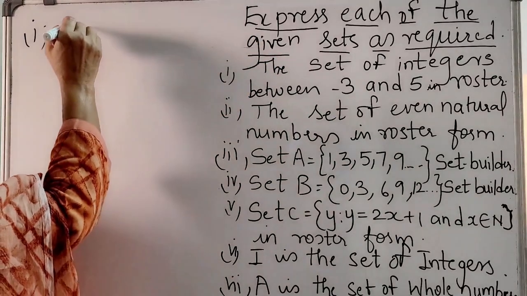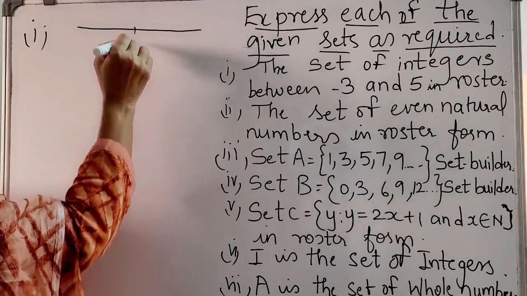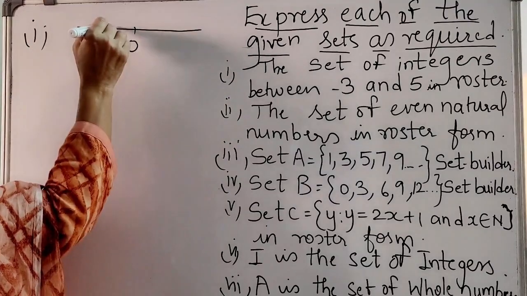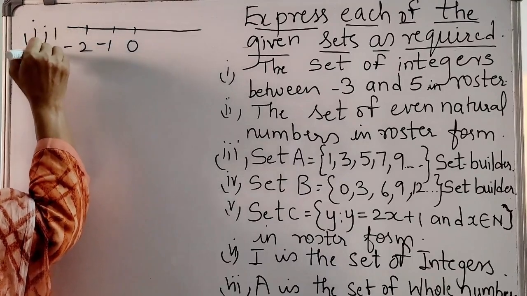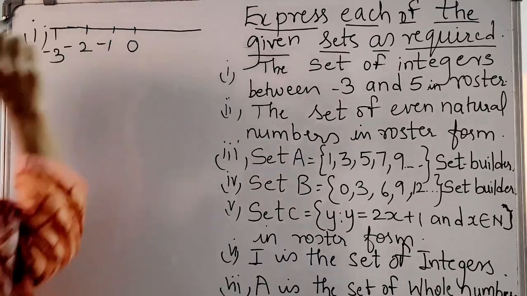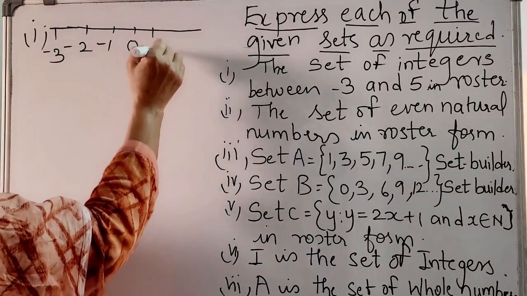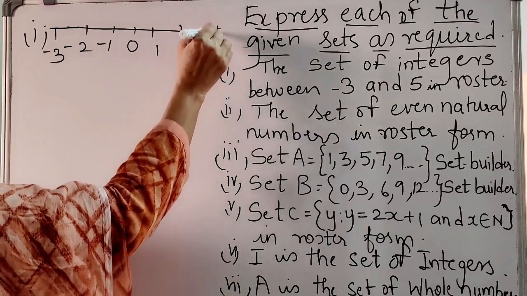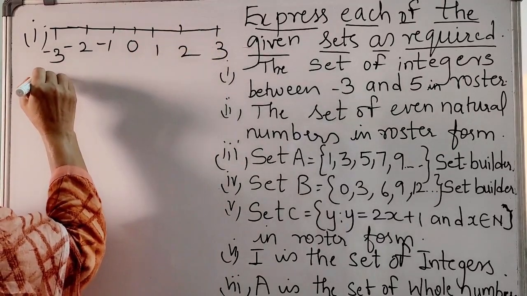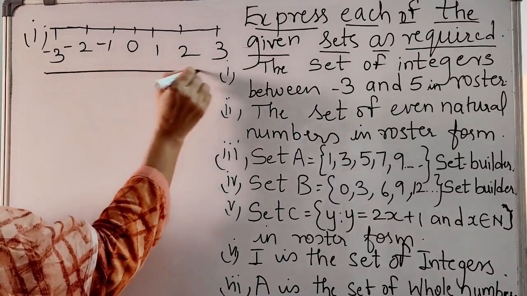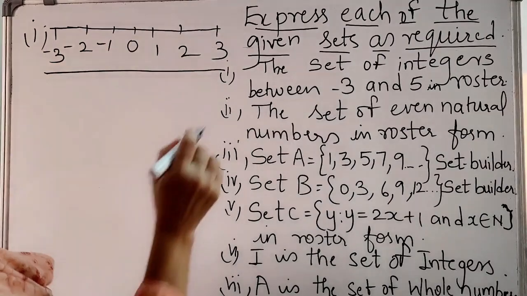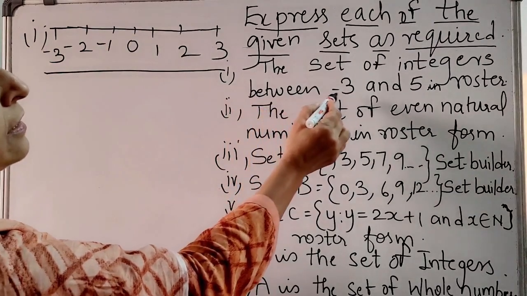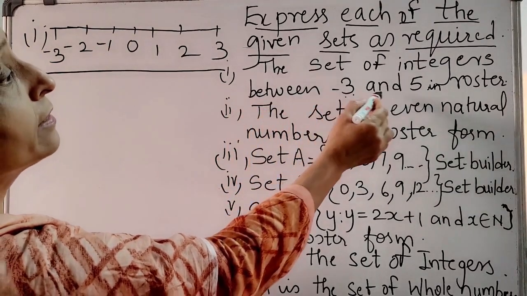You can draw a number line. Here it is 0, here -1, -2, -3. Here 1, 2, 3. So on this number line, these are the integers. Here asked is between -3 and 5.